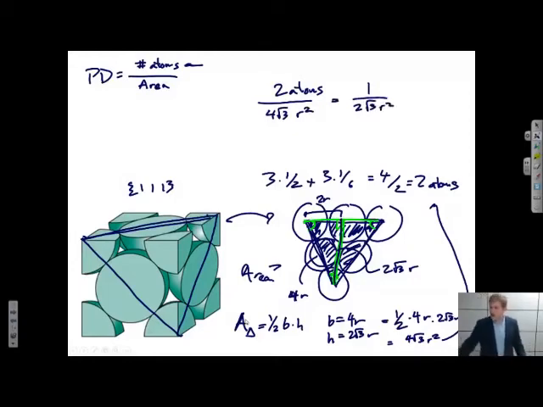And again, we're finding a higher planar density than we did with the other family of planes. And this is making sense because this 111 family of planes is actually a close packed family of planes. You can tell that by the triangles, the hexagonal packing in this plane. So this is actually the highest packing density you can get for spheres that all have the same size. Okay, so that is planar density.